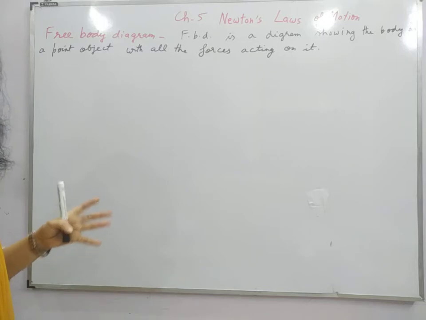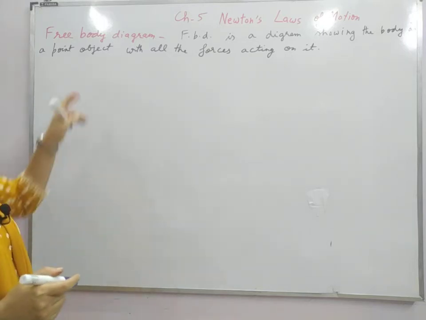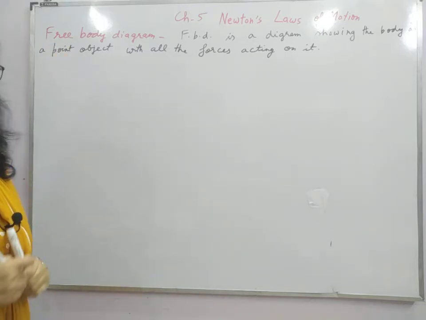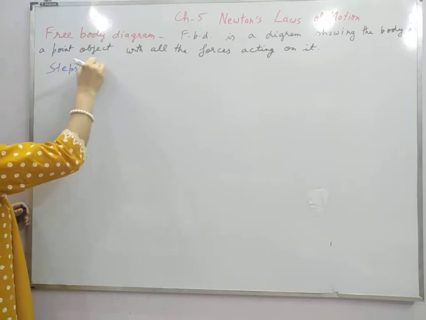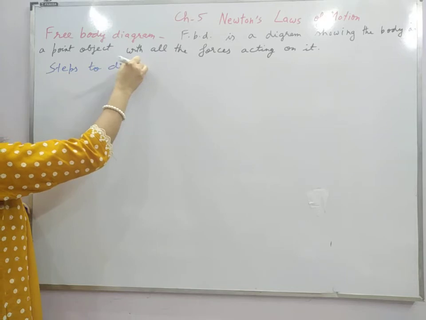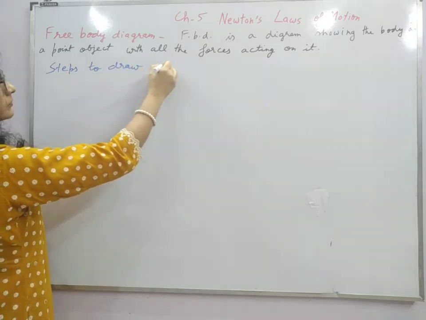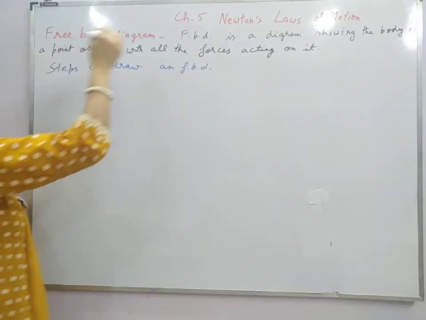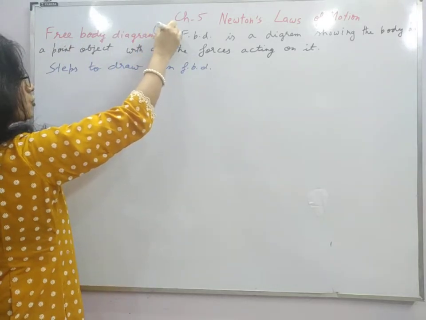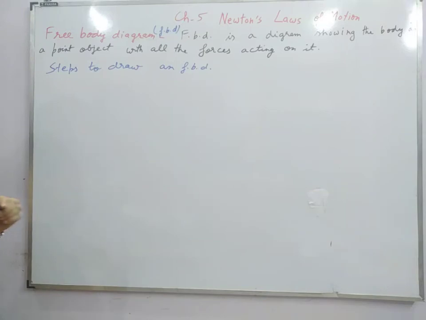There are some systematic steps we need to follow to draw a free body diagram. Now what are those steps? Steps to draw an FBD, right? So this we can write in short FBD.